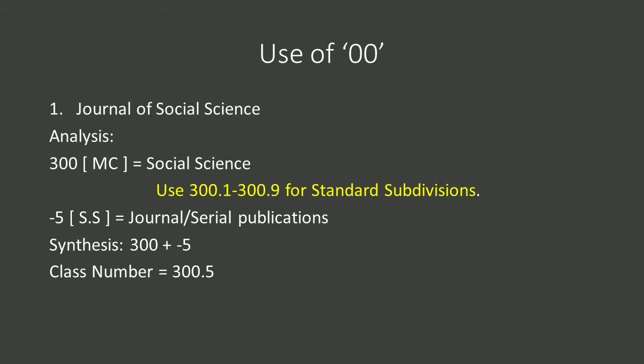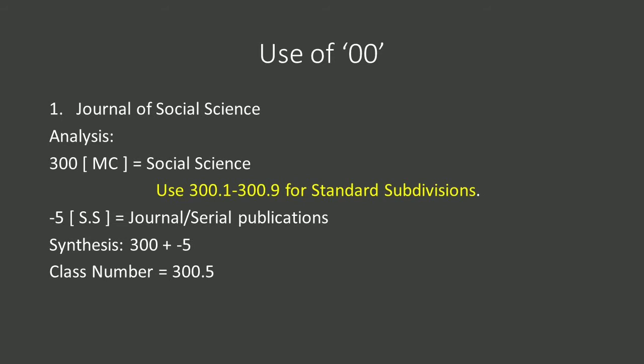Serial publication means journal. So -05 is for journal, but according to the instruction I have taken only -5 here, because after 300 we have to remove the 0 from the notation of standard subdivision. We have to follow this instruction. I have said earlier, if there is an instruction for using the standard subdivision, we have to follow it.